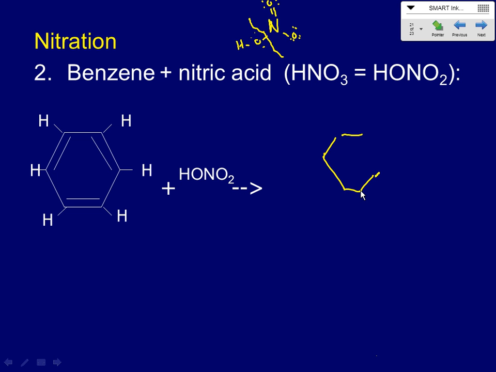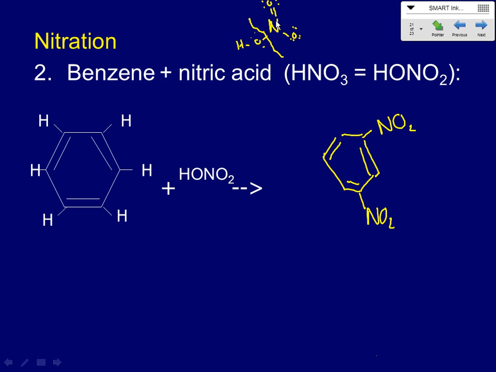What am I doing with my benzene ring? That's a horrendous benzene, but anyway, you get the idea. Put a double bond there, there, and there. And you end up with an NO2 over there, and you also end up with an NO2 over there.